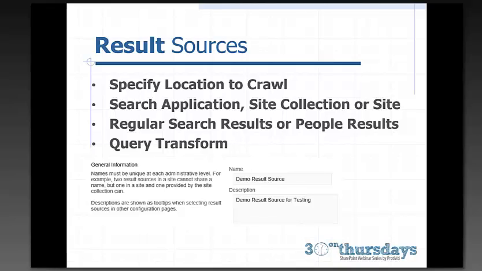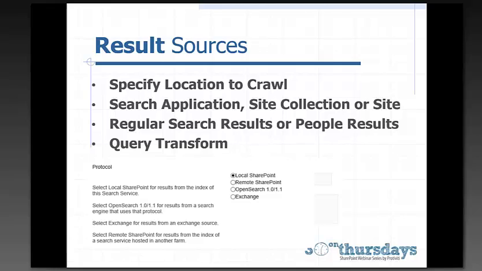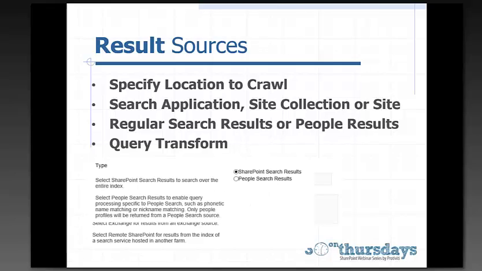So for example here, I've gone in and created a demo result source. I've given it a name and a description. The 4 options that are available to us: it could be local SharePoint, it could be a remote SharePoint, it could be Exchange, it could be OpenSearch, or it could be something else depending on how we build that set of infrastructure. And then I'm going to choose what type of information to bring back from there.